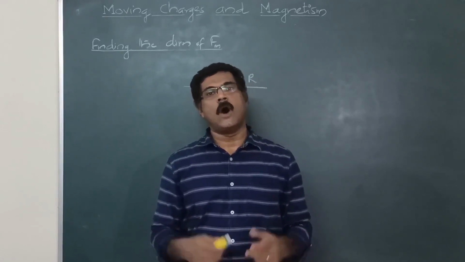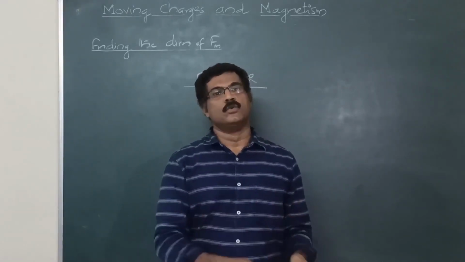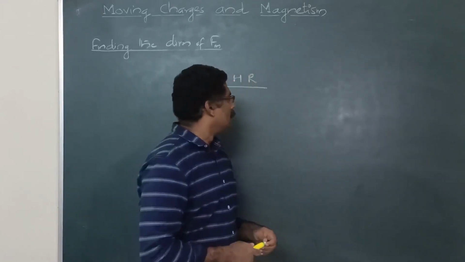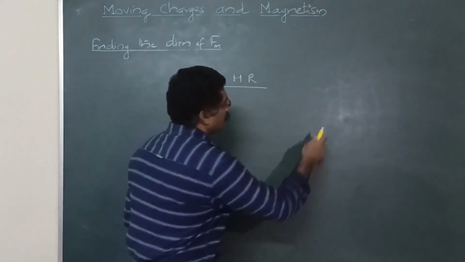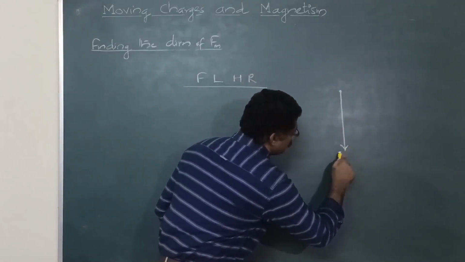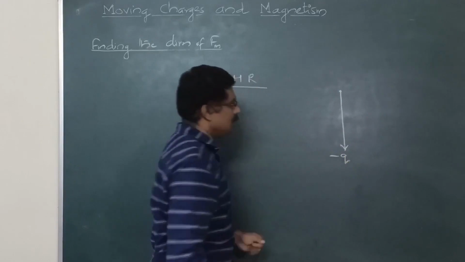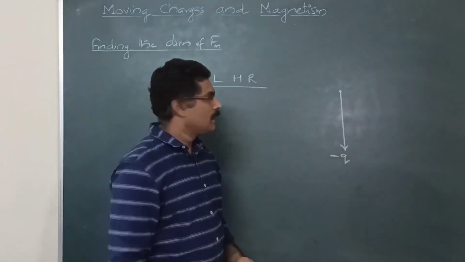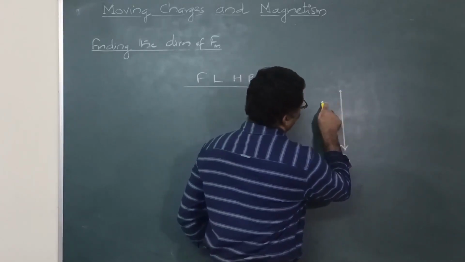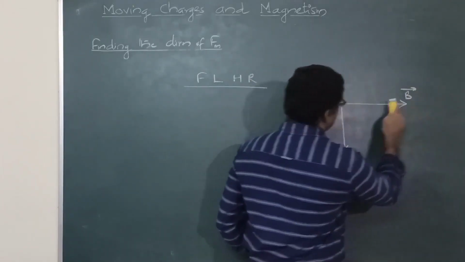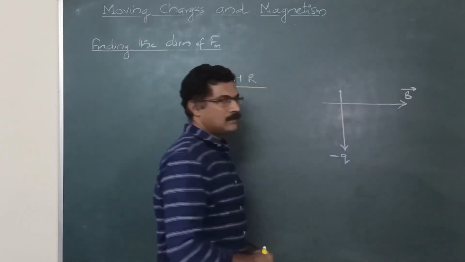Now the question is, how can we apply this rule? Let me explain. Let us consider the case of a negative charge minus q moving downward through a region where the magnetic field is acting along this direction.